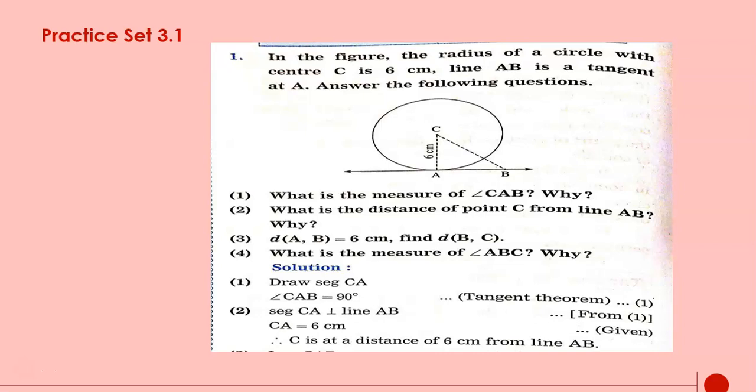So the angle made by them is 90 degrees according to the tangent theorem. Question number 2: what is the distance of point C from line AB and why? CA is perpendicular to line AB, and CA is the radius. So the distance of C from A will be 6 centimeters.